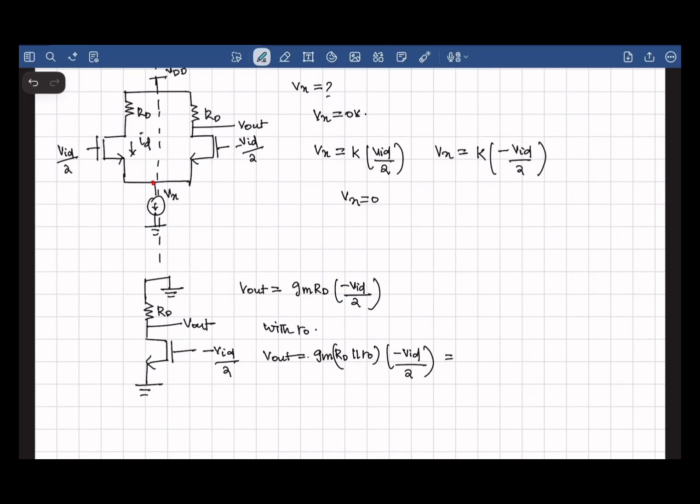And obviously there's a minus, and if I expand minus VID by 2, we get GM RD parallel to R naught, V1 minus V2 divided by 2. And this is called the differential mode half circuit.